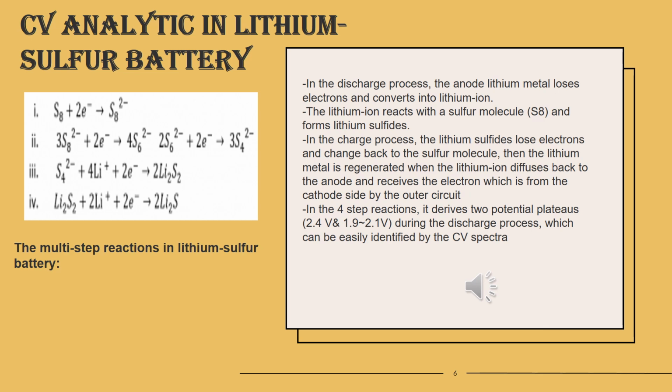Each potential generates a peak current because of the electron transfer reaction. In multiple cycle scanning, the degree of peak overlapping from the redox scanning process is useful to compare the electrochemical reaction reversibility of different lithium-sulfur systems.